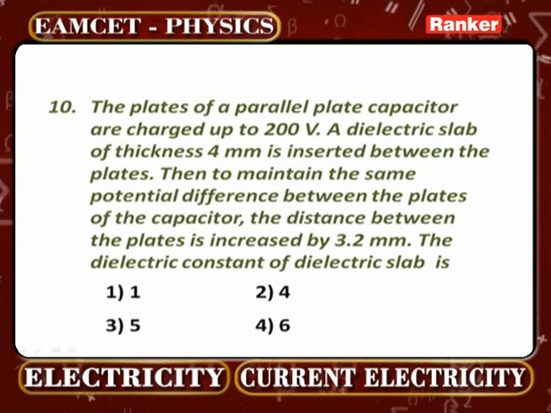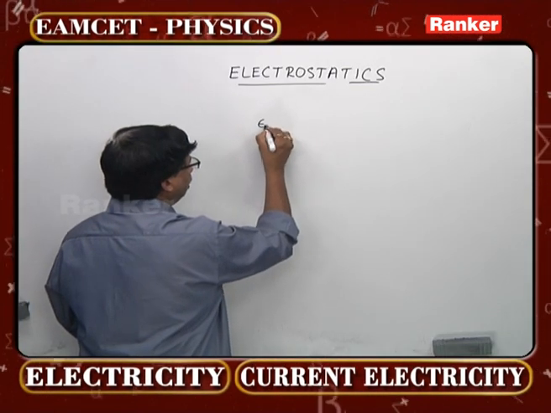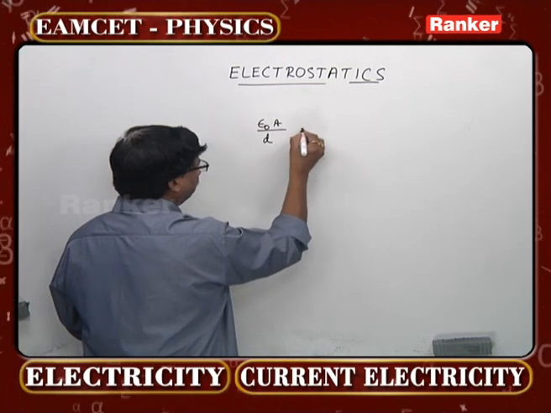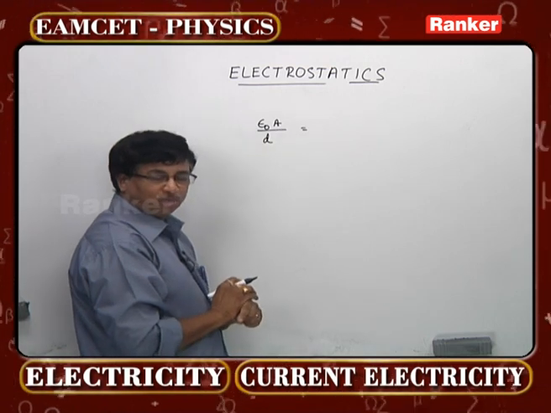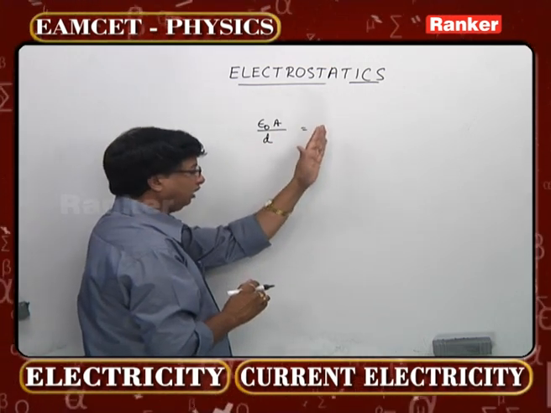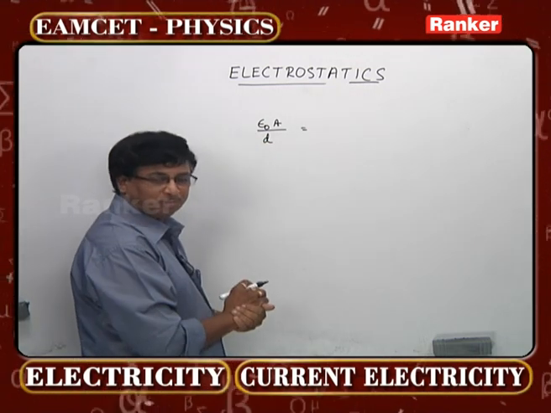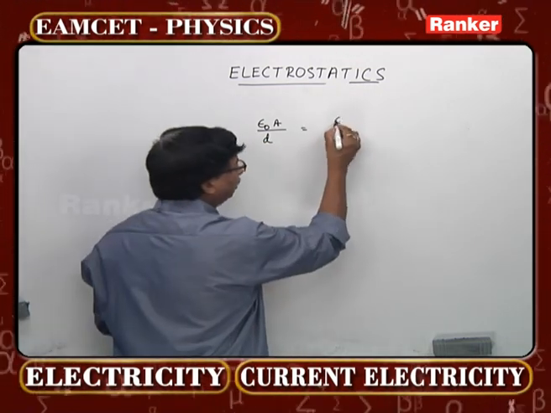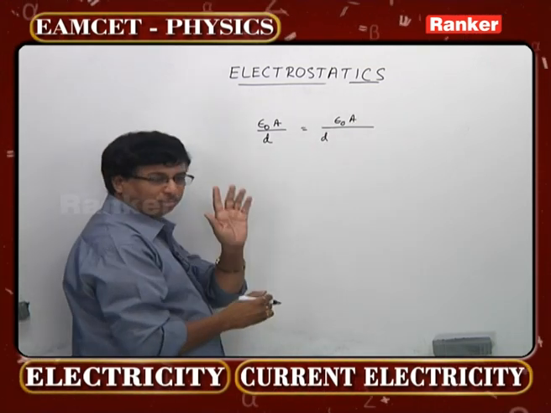Look at first of all, before just introducing the dielectric, epsilon naught A by D, the general formula for capacity. To maintain the same capacity, what do you mean by that? Even after introducing the dielectric also, its capacity should be similar to this value. Then what is the formula we have to adopt? Epsilon naught A by D minus T plus T by K formula.